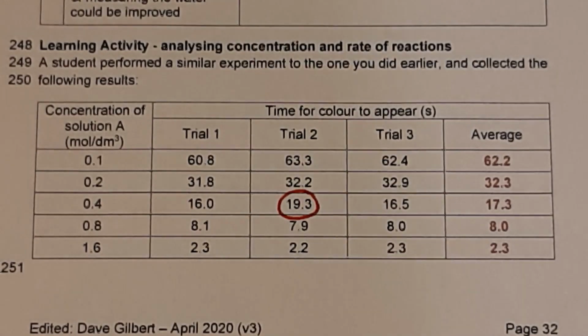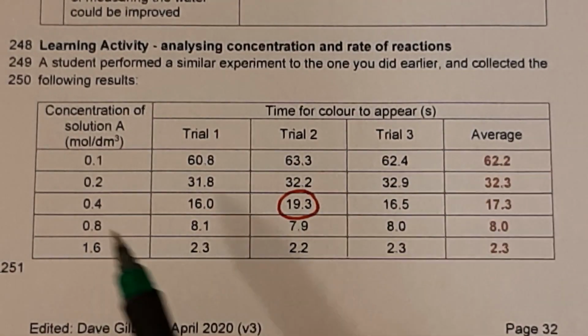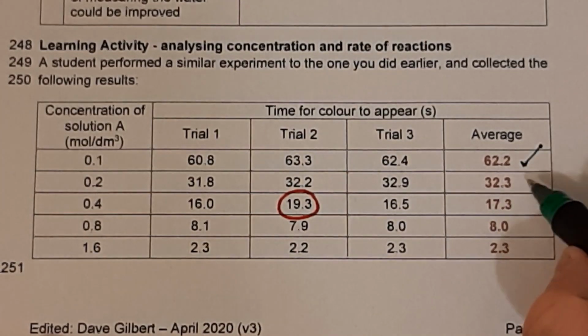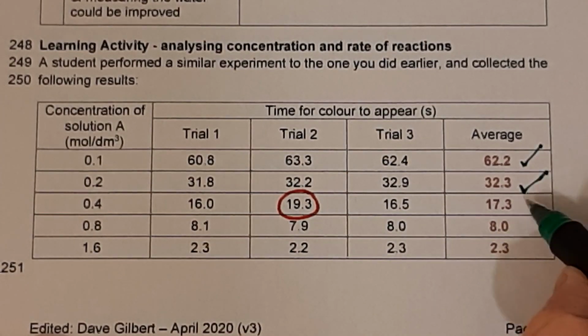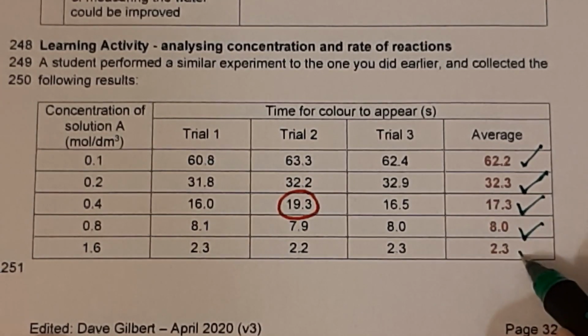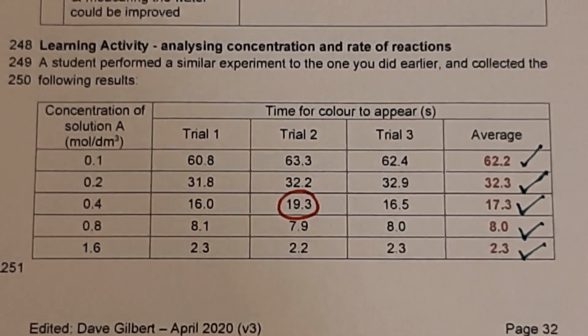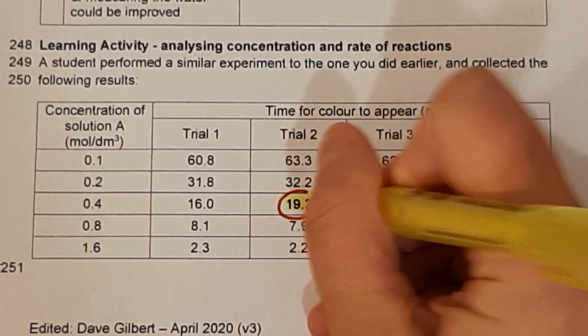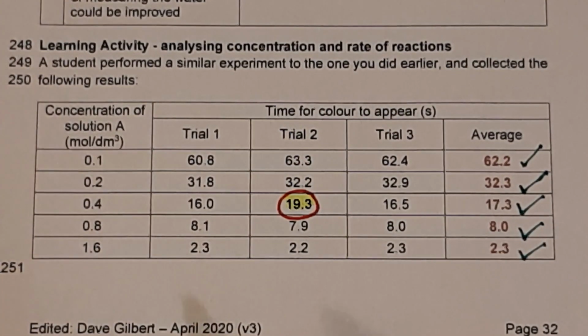Okay, so here we have our results. The average for the first one was 62.2, then it was 32.3, 17.3, 8.0 and 2.3. You may have noticed that I've highlighted this value here because there's something a bit off about it.